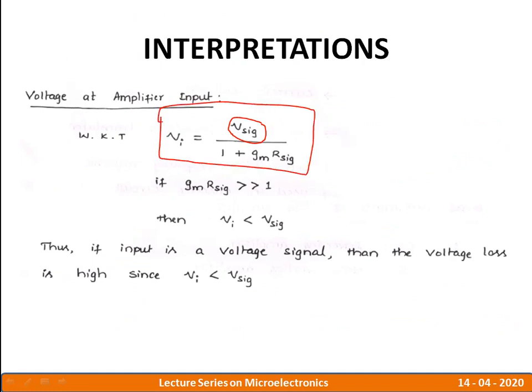Now if I look at Vsig, remember in the very beginning of this lecture we figured out that Vi and Vsig are both different. This is the same equation that we took in the very beginning of the lecture.